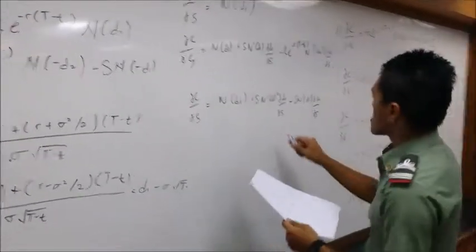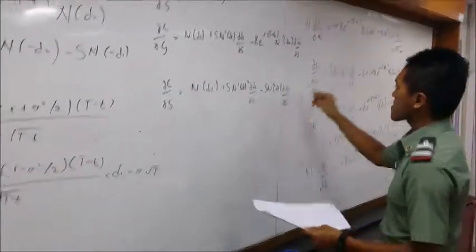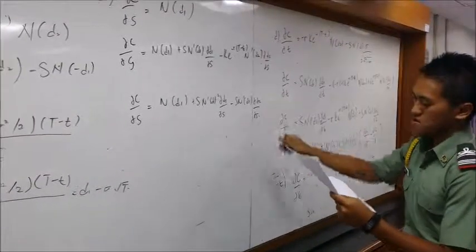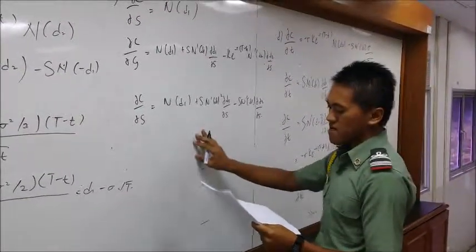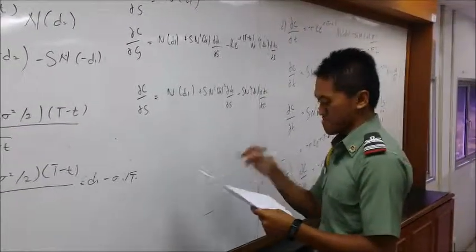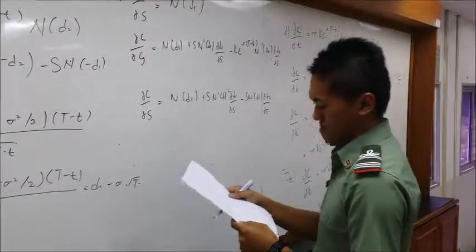We know that ∂d1/∂S is the same as ∂d2/∂S, which is equal to 1 over Sσ√(T−t).